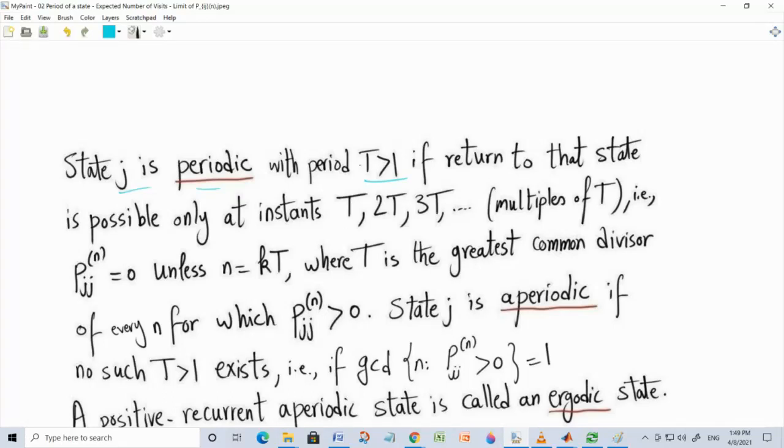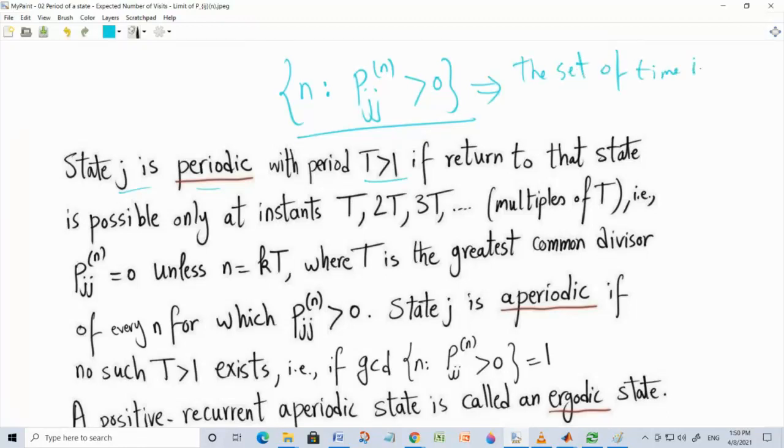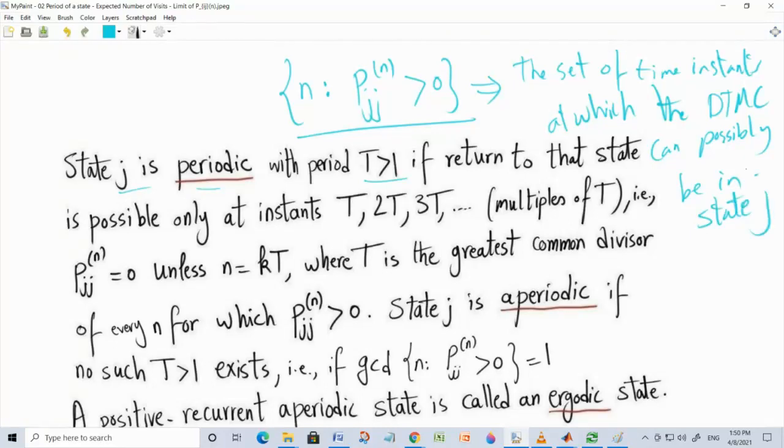Specifically, we focus on the set of n such that p_jj(n) is greater than 0. What is this set? This is the set of time instants at which the discrete time Markov chain can possibly be in state j.